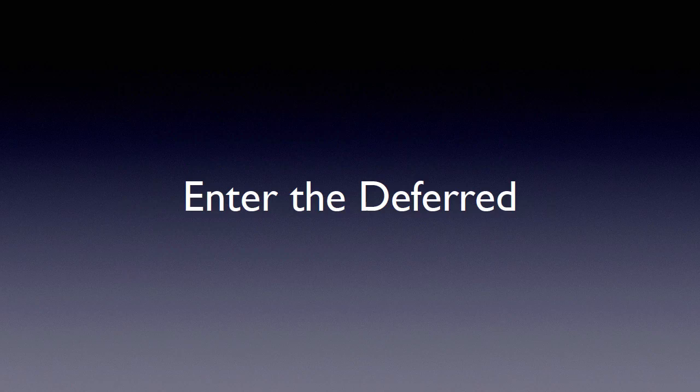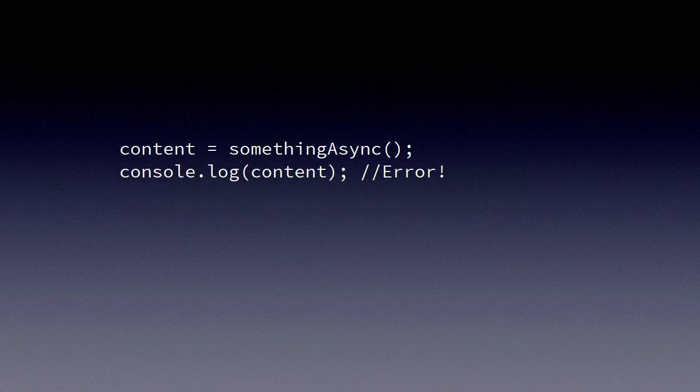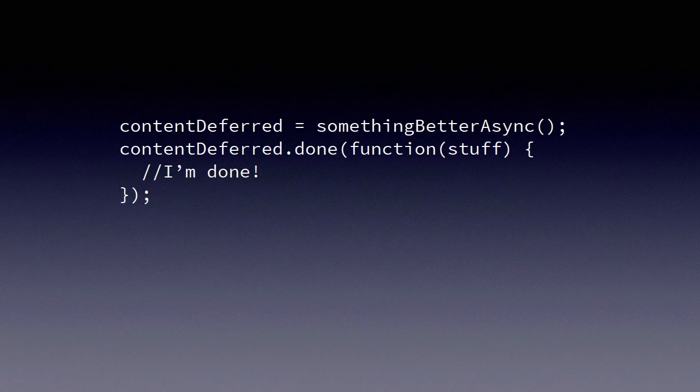Enter the deferred. So a deferred represents an asynchronous value. Now if you think about it, you typically can't say something equals the result of an asynchronous call. Looking at the code on screen there, if you tried something like this, you would normally get an error. Deferreds let us do something with that.